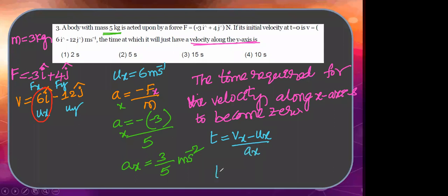Final velocity is 0, so t is equal to 0 minus 6 divided by 3 by 5, that is minus 6 into 5 divided by 3. 6 into 5 is 30. Taking the magnitude, 30 divided by 3 is equal to 10.